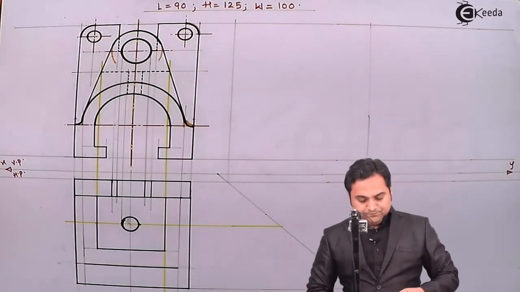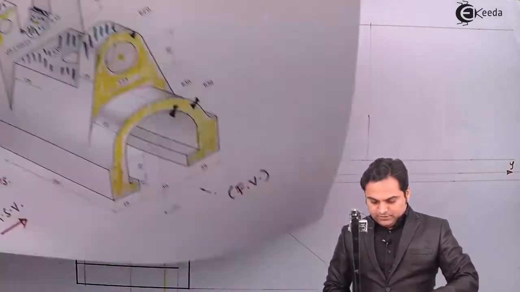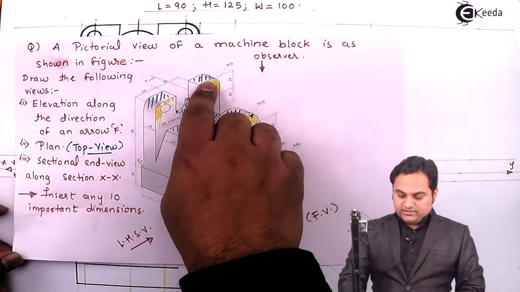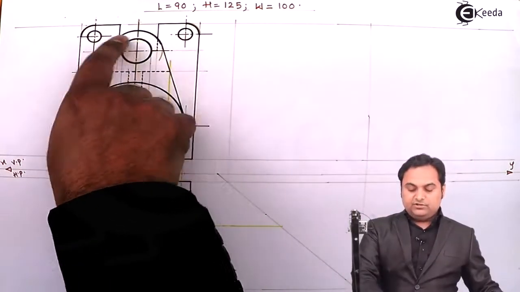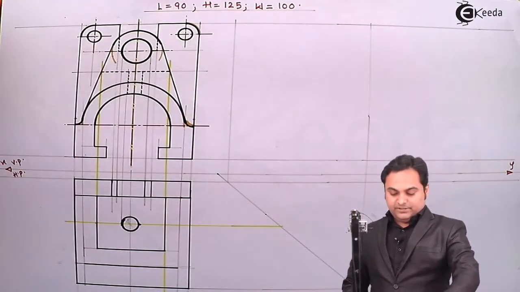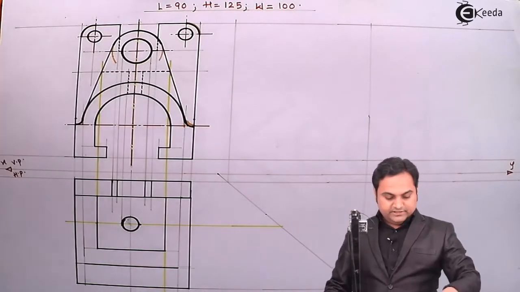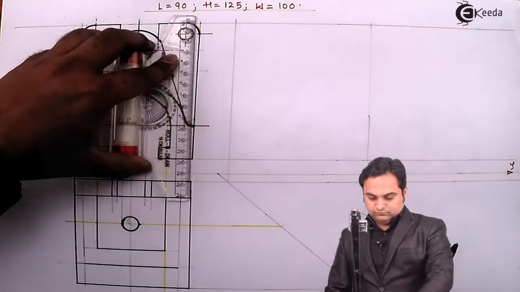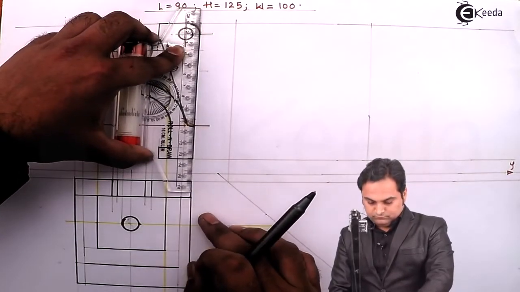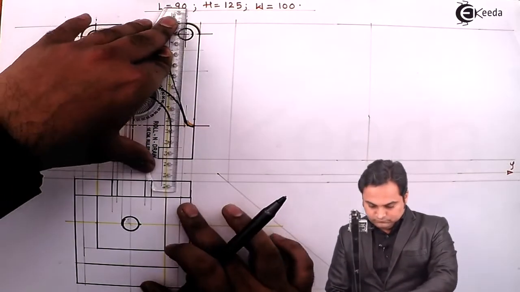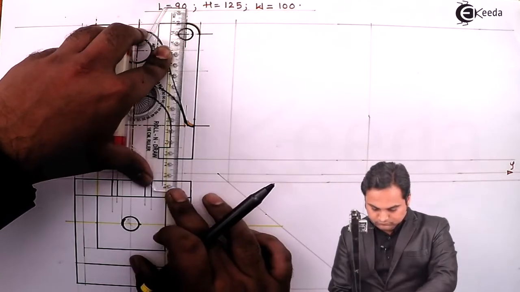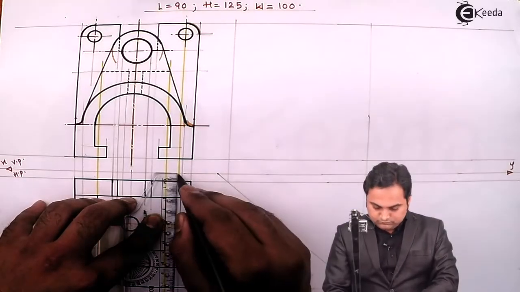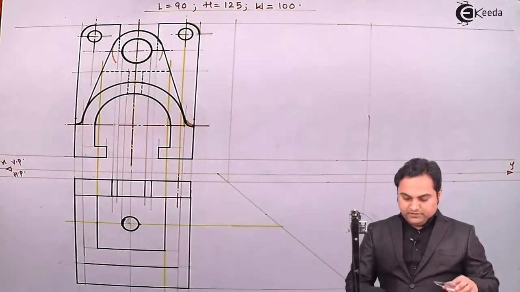So here after drawing the visible top view, then I have to draw those things which are hidden. There are two circles in this 15 mm width plate, which are here in the front view. So I'll project them into the top view. First, getting their center lines. So this will be the center line for the circle.